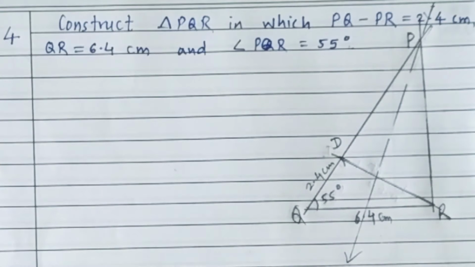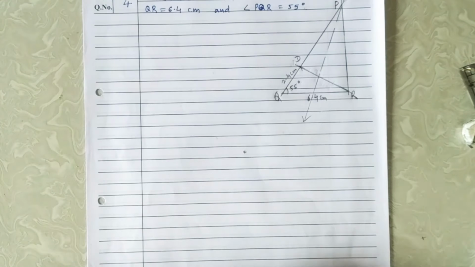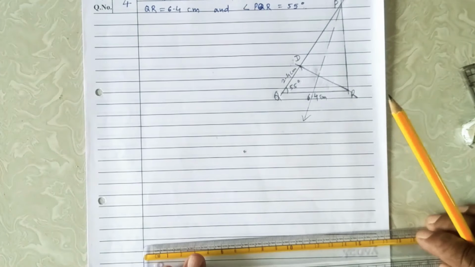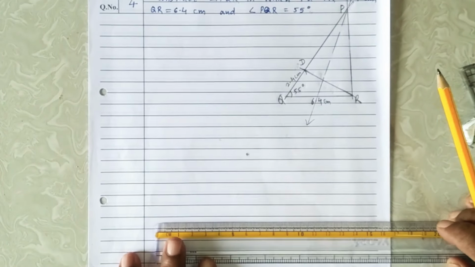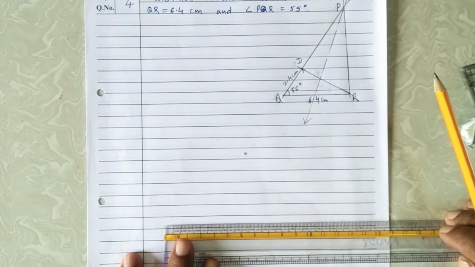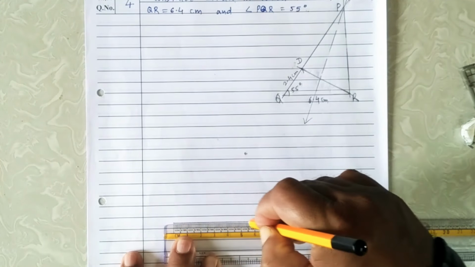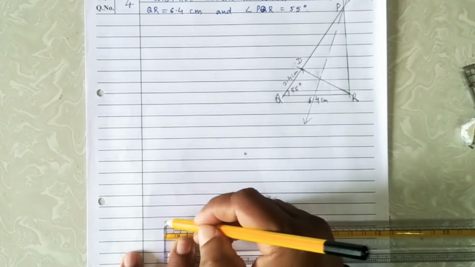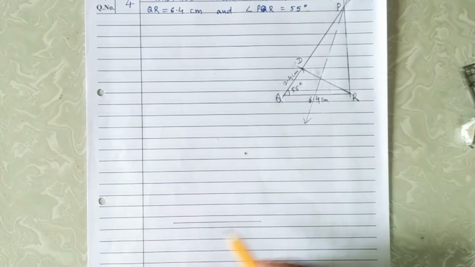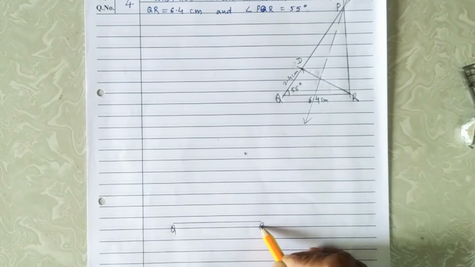This is how we can construct triangle PQR. So first draw the base segment of length 6.4 centimeter, QR.